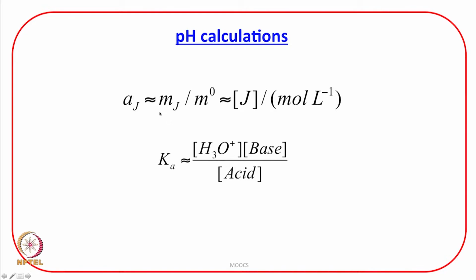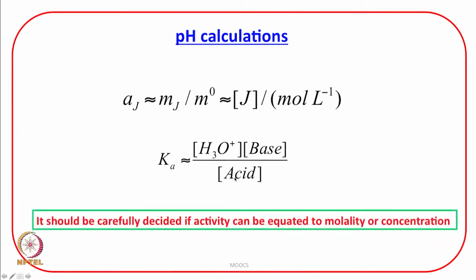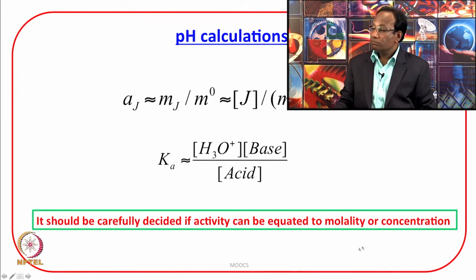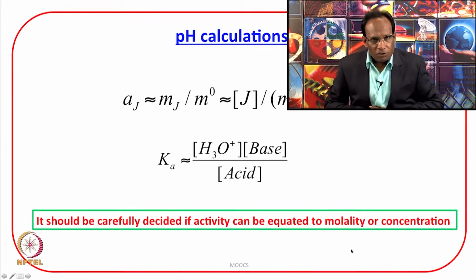If that assumption is valid, then activities can be replaced by the concentrations and Ka can be expressed in the form of concentrations. And that is what is commented over there. It should be carefully decided if activity can be equated to molality or concentration or not. We need a small discussion over here.